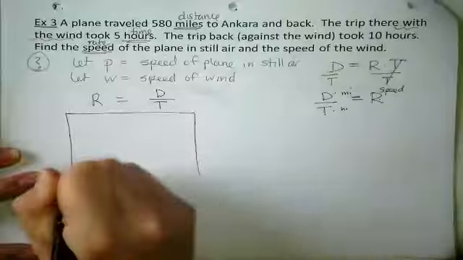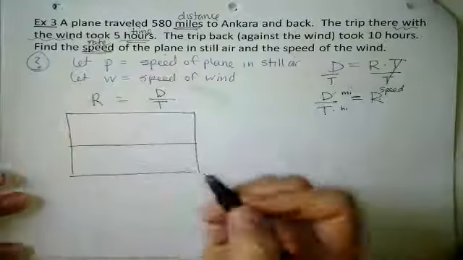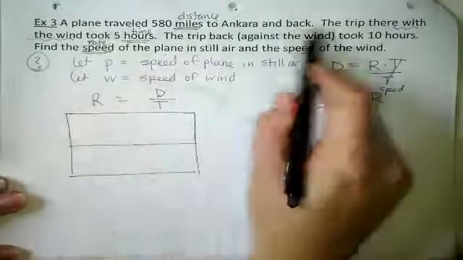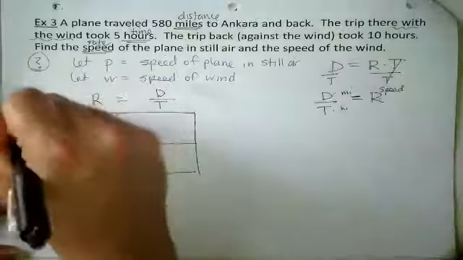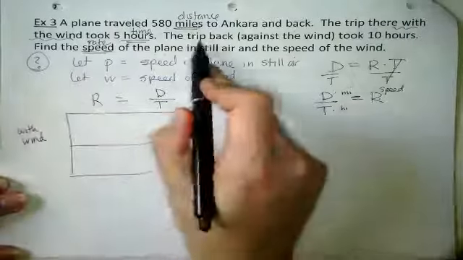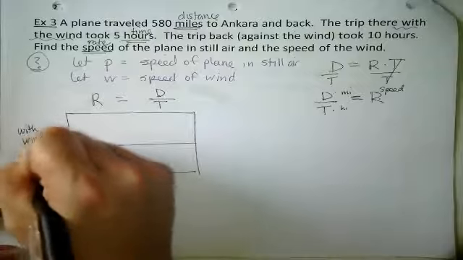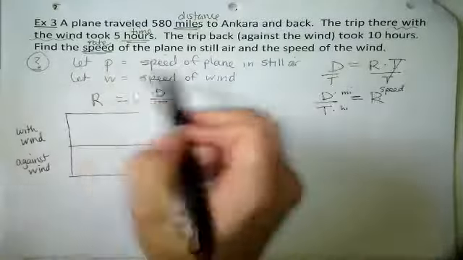And I like setting these little charts up. I think they're nice. All right, so I have two things happening. We have our plane that's flying with the wind. And then on the trip back, we're flying against the wind. And we want to try and find the speed of both.